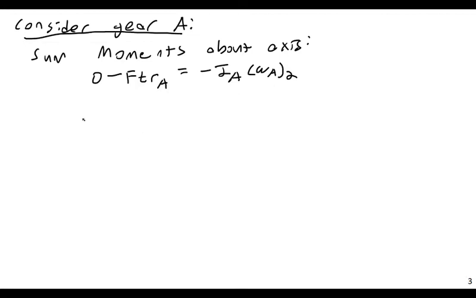Then if I solve this, I can say that Ft, if I put in the radius, Ft times a radius of 0.250 meters is going to be equal to the formula for the moment of inertia of a disk.